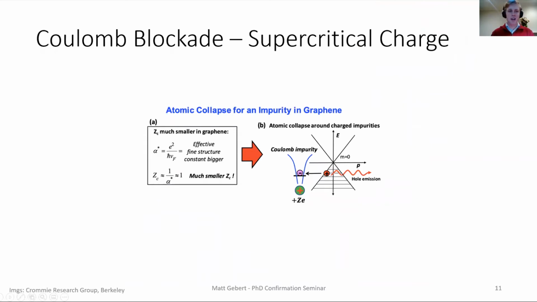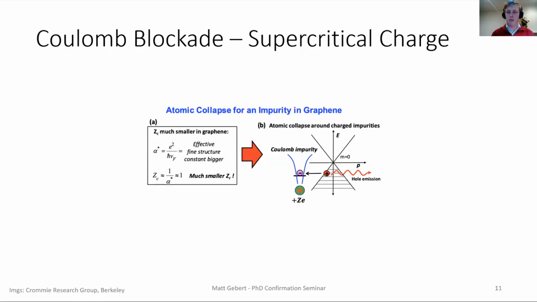There's another situation called Coulomb blockade or supercritical charge. There's an expectation that when the positive charge of a nucleus gets extremely large, relativistic quantum mechanics provides a different result to that of regular quantum mechanics. You can think of a semi-classical picture.